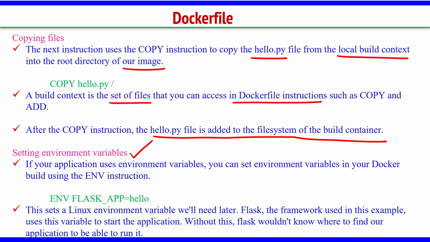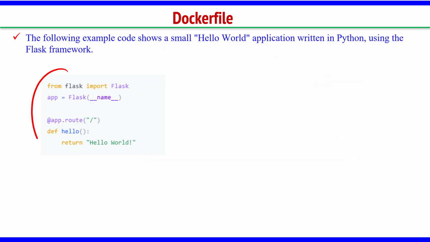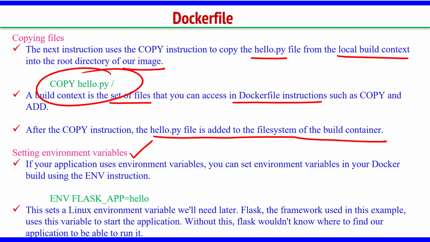Now, I am setting the environment variable, because for this Python program to run, for this code to execute, I need some settings. See, setting up the environment variables. If your application uses environment variables, you can set environment variables in your Docker build using the env instruction, right.